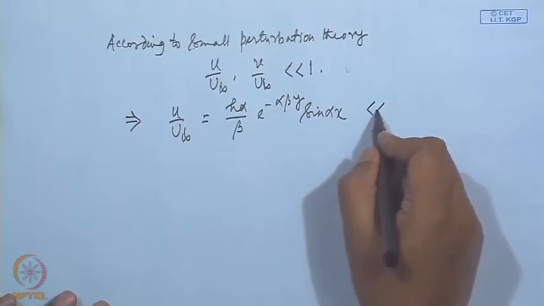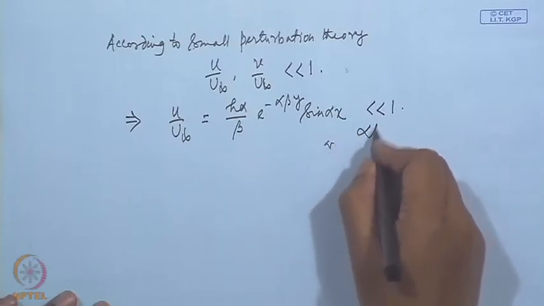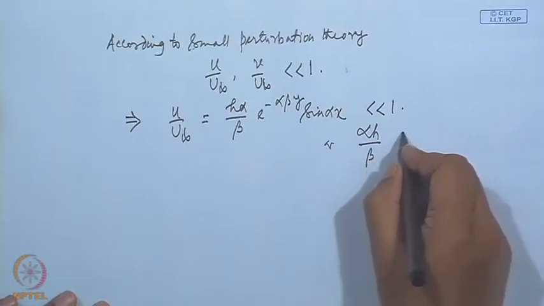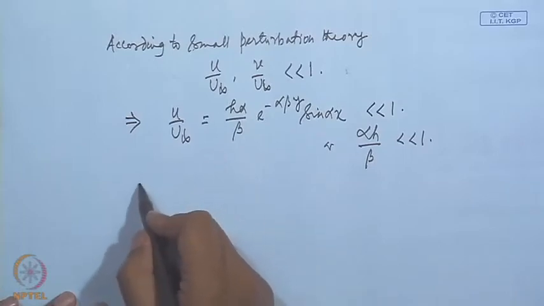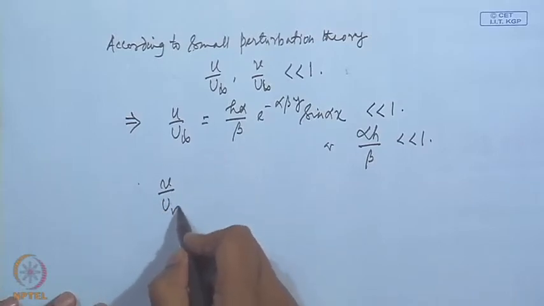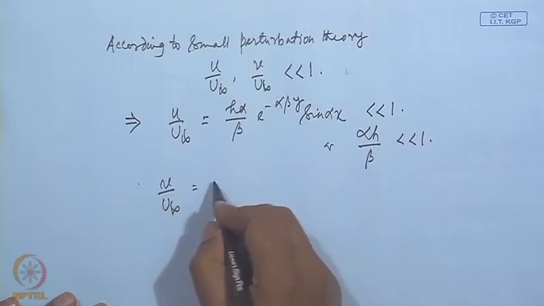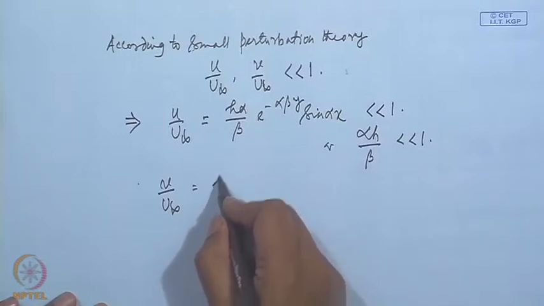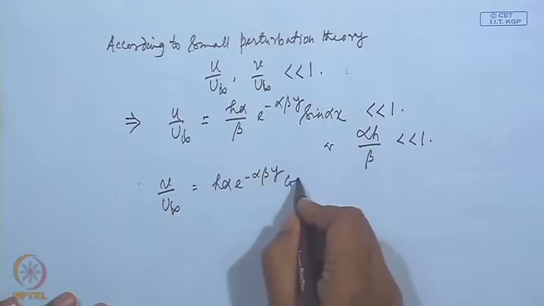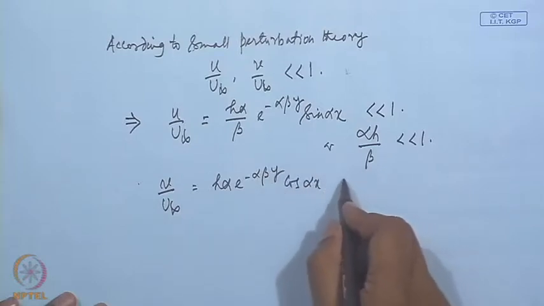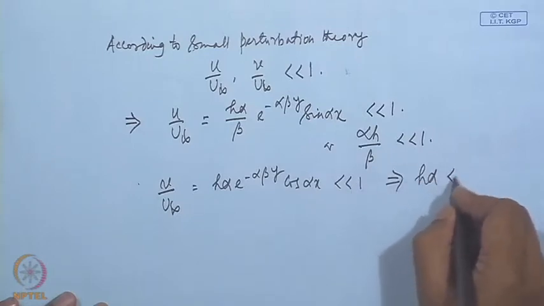This is much smaller than 1, or this is possible if alpha h by beta is much smaller than 1. The same thing we get from v by u infinity, which is h alpha e to the power minus alpha beta y cos alpha x, much less than 1. So, this implies h alpha is much less than 1.